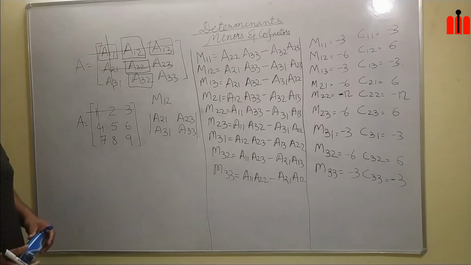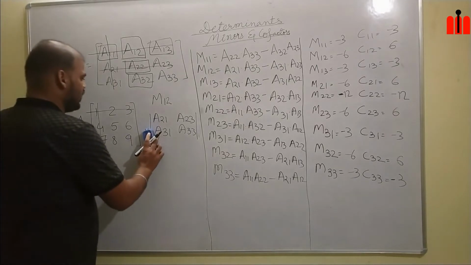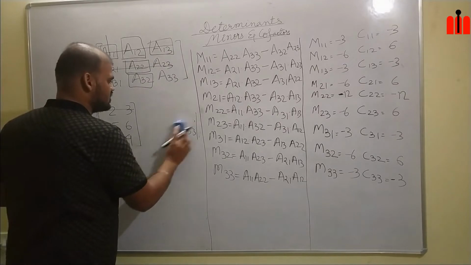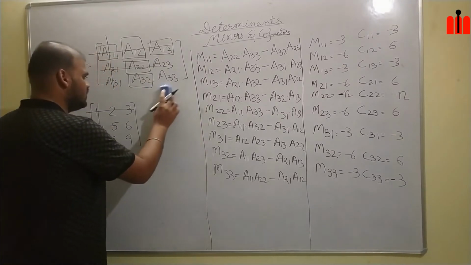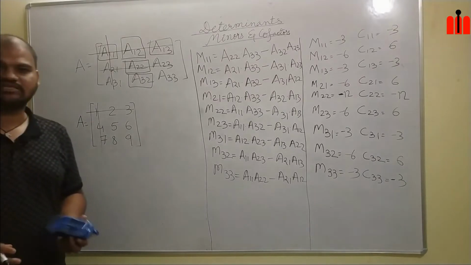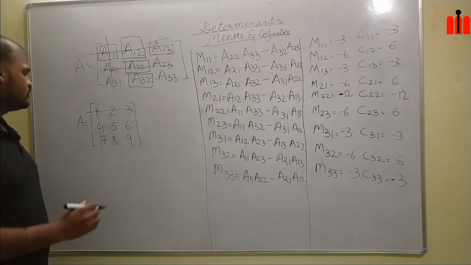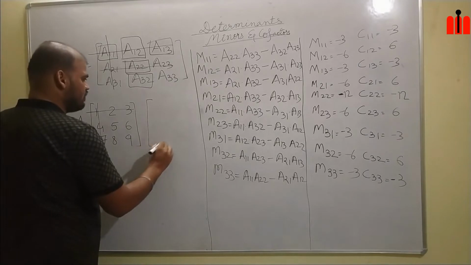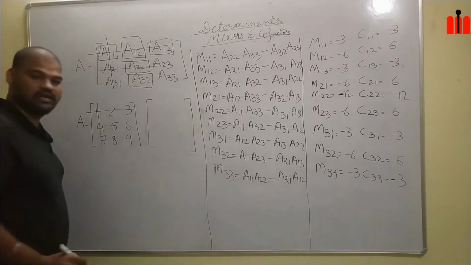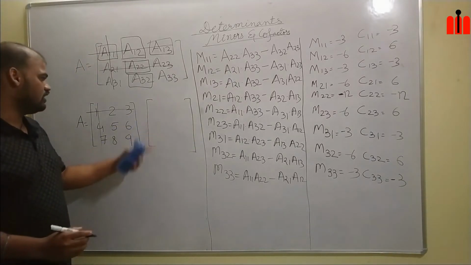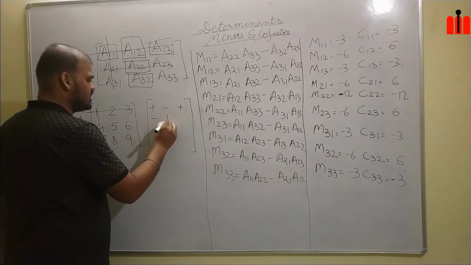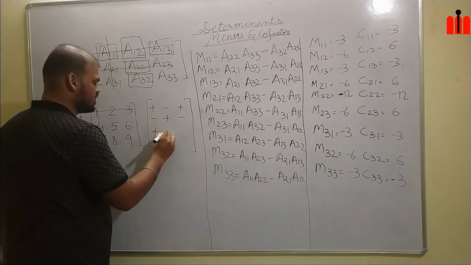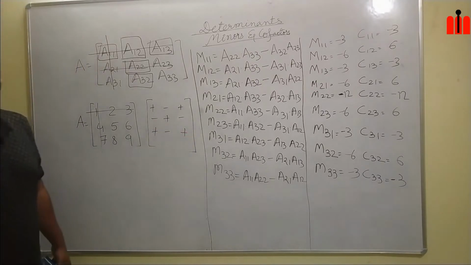Now, for cofactors, we had seen that minus 1 to the power of i plus j will define the sign, right? So, the sign matrix for the cofactor will be written as plus minus plus, minus plus minus, plus minus plus. Okay?